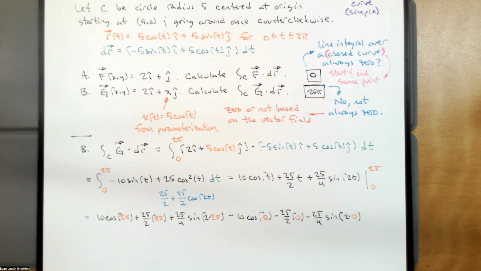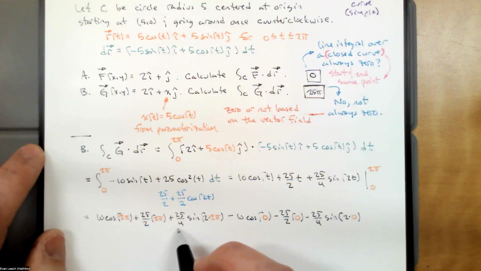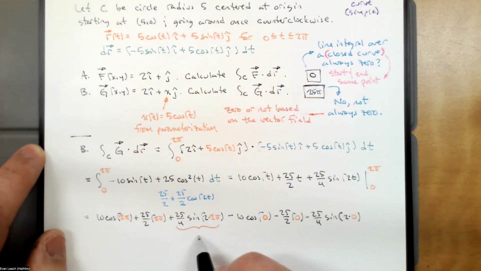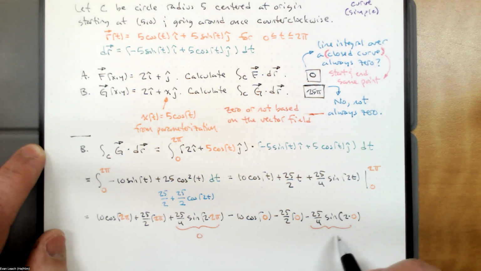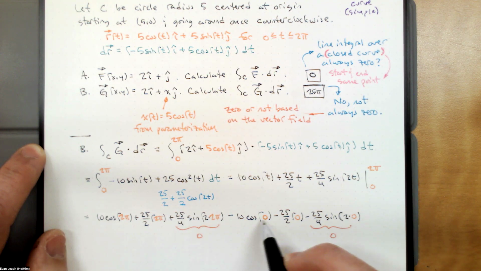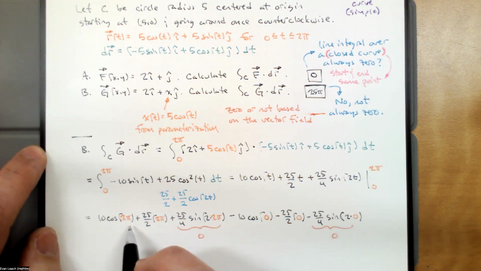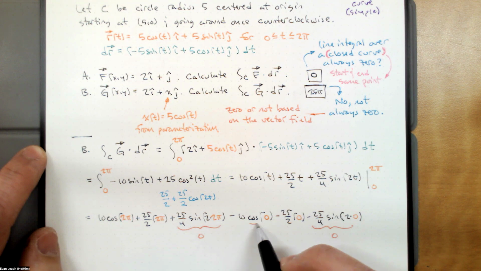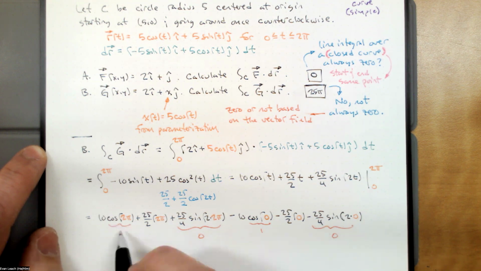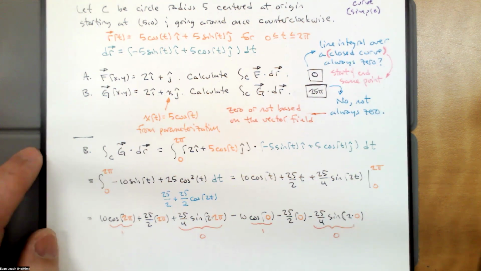Sine of 2 pi and sine of 0, those are both 0, so we're not worried about that. But the two cosine terms also drop out. Because cosine of 0 is equal to 1 and cosine of 2 pi is equal to 1. So I got 10 minus 10 cancels out.